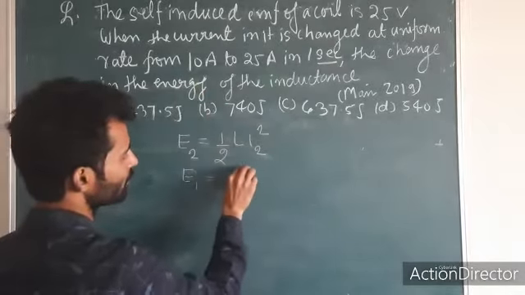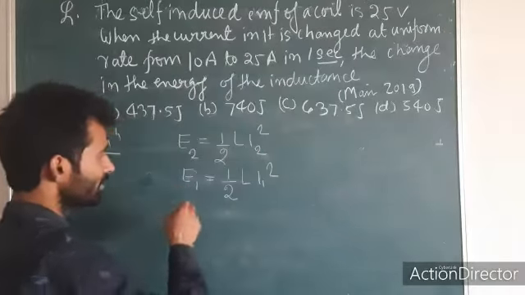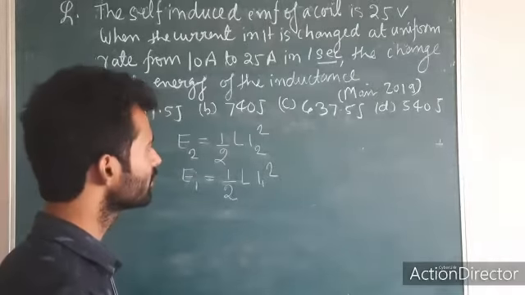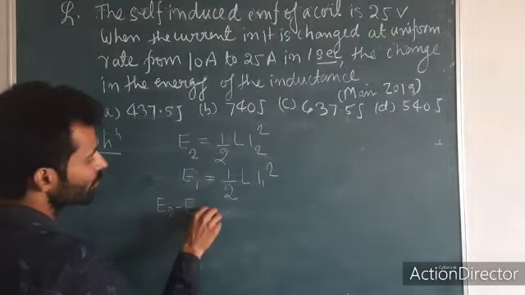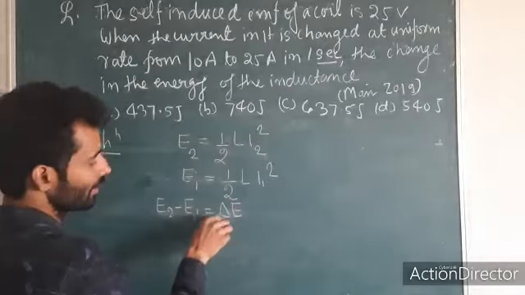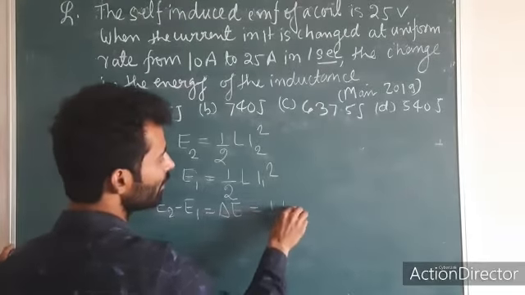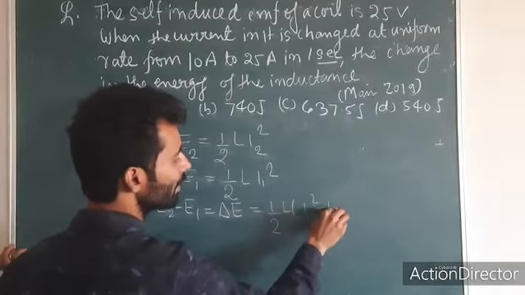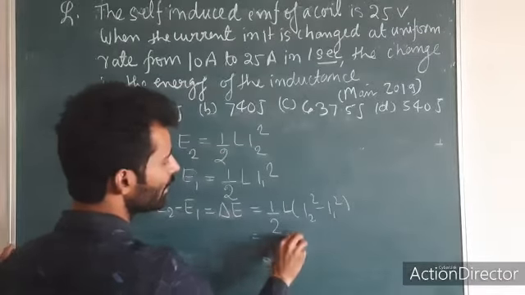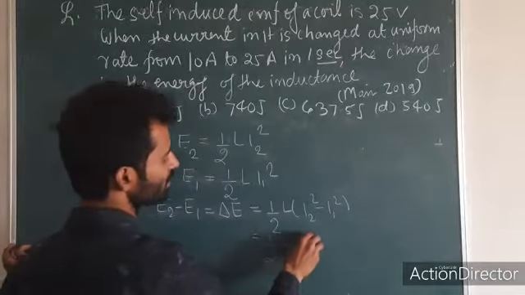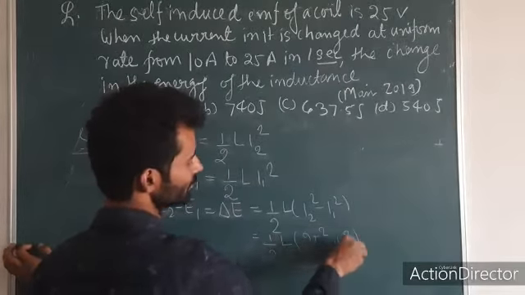So this is equal to 1 by 2 L I1 square. The difference or the change in the energies will be E2 minus E1 is equal to delta E, and you have to find delta E is equal to 1 by 2 L (I2 square minus I1 square), and this will equal 1 by 2 L and here I2 means 25 square minus 10 square.